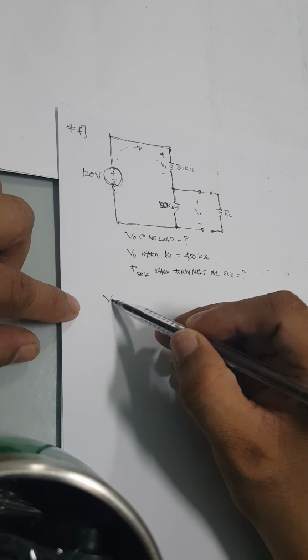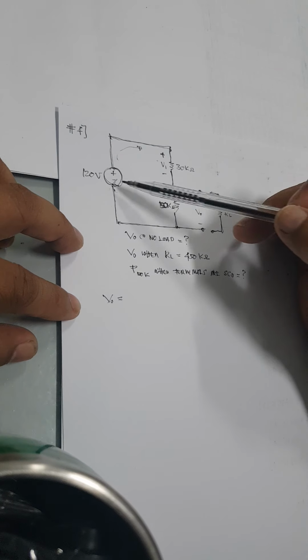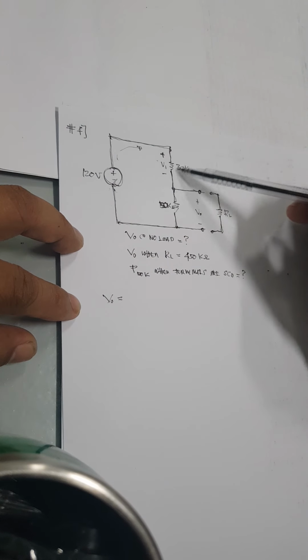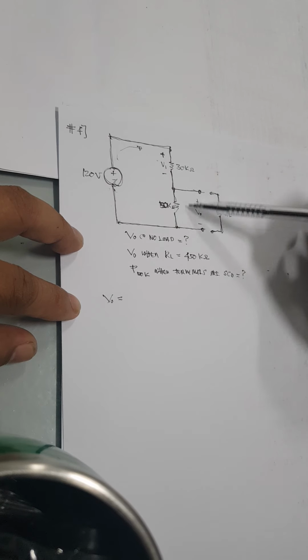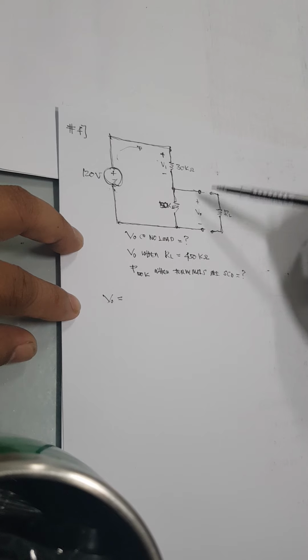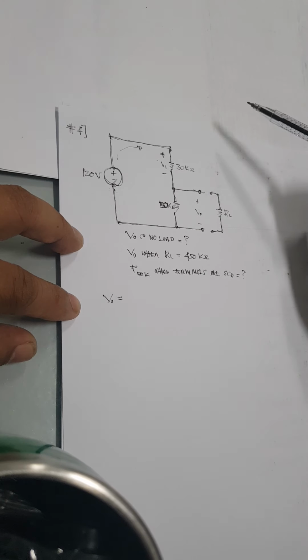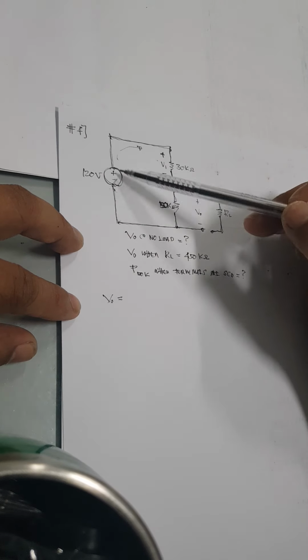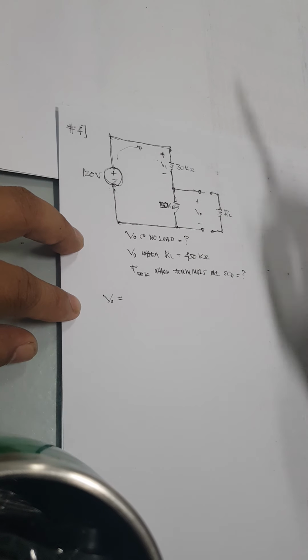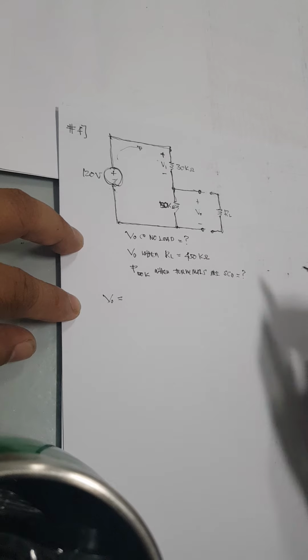What is VO? VO is, of course, 120 is going to be divided into two voltages. The first one is V1, and then the other one is V2. In this particular case, it is VO. So that is why it's called voltage division principle. Why? A source of voltage is going to be divided into two voltages.